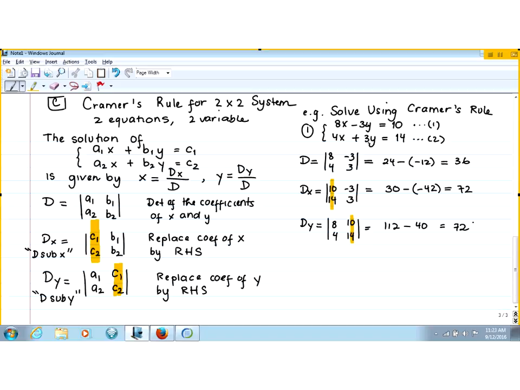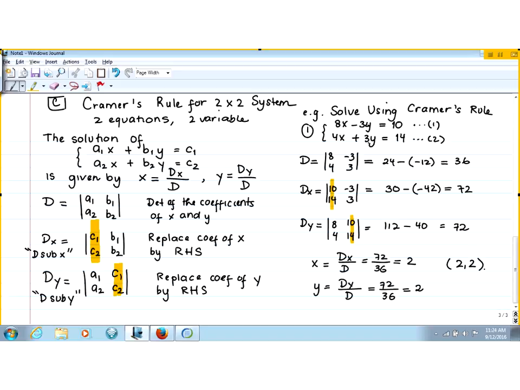So we calculated all the determinants. So let's calculate x. What is x? D sub x over d, which is 72 over 36, which is 2. What is y? I think y is the same value. D sub, not d sub x, d sub y over d, which is 72 divided by 36, which is 2.